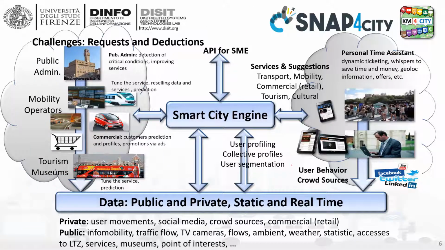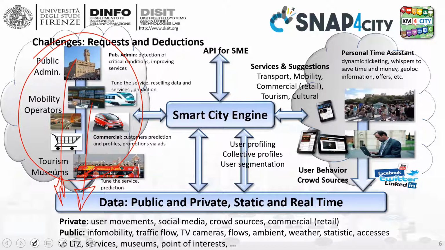So, a short recall about the mechanism. You know that there are a number of operators that provide the data in the smart city, and these are data collected from mobility operators, transport, energy, tourism, and also governmental data.